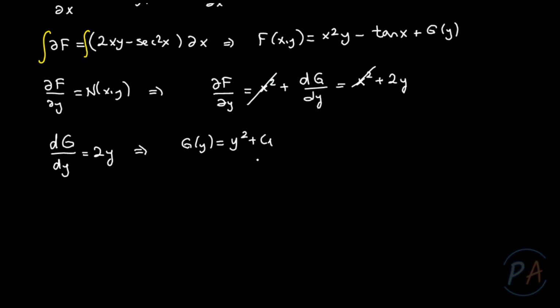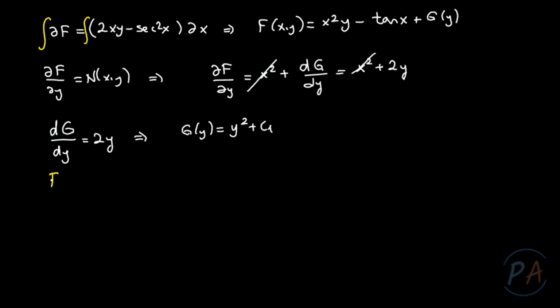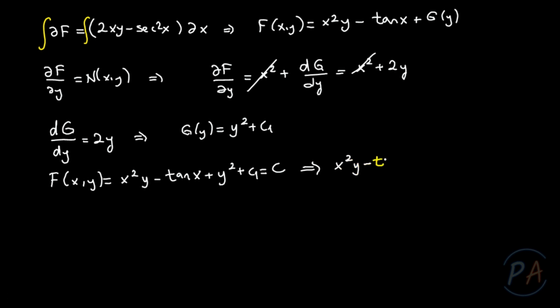So now I can write f(x,y) equals x²y minus tan x plus y² plus c1 equals c, and this form can be rewritten as x²y minus tan x plus y² equals c2, where c2 is equal to c minus c1.